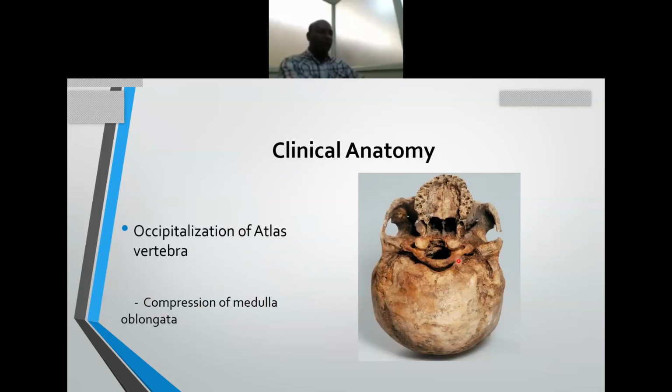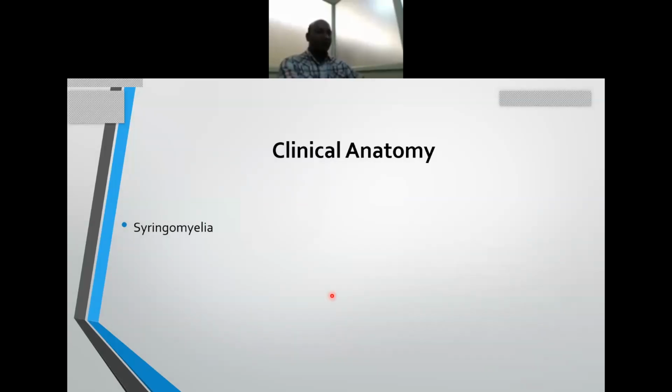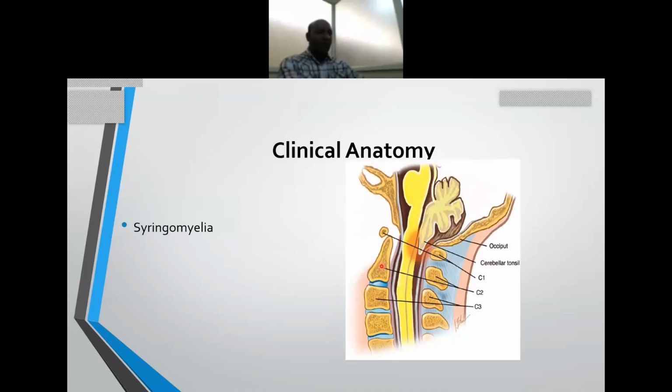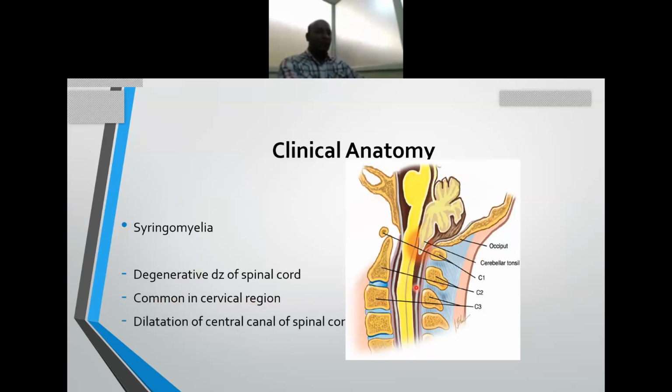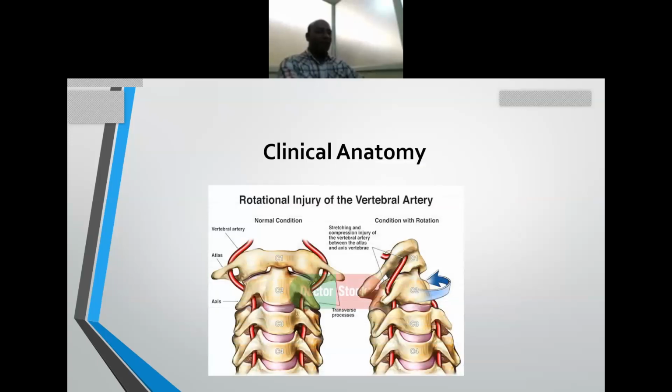As you can see here, this is fused with the occipital bone. Syringomyelia is a degenerative disease of the spinal cord which progresses and causes damage to the gray matter in the spinal cord, with dilatation of the central canal.